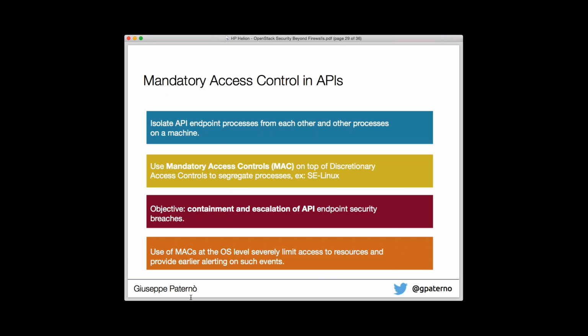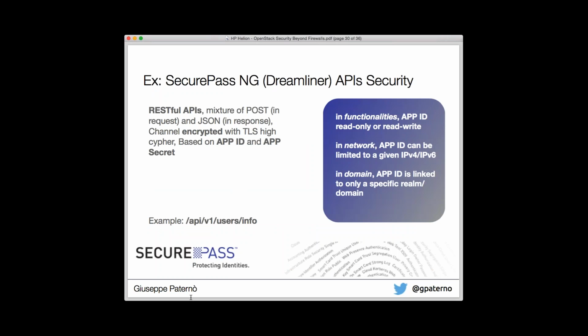There is also some methodology for creating and segregating APIs. So if you're creating your own APIs, please take three main points into consideration. These are the ones we took into consideration when we created SecurePass.